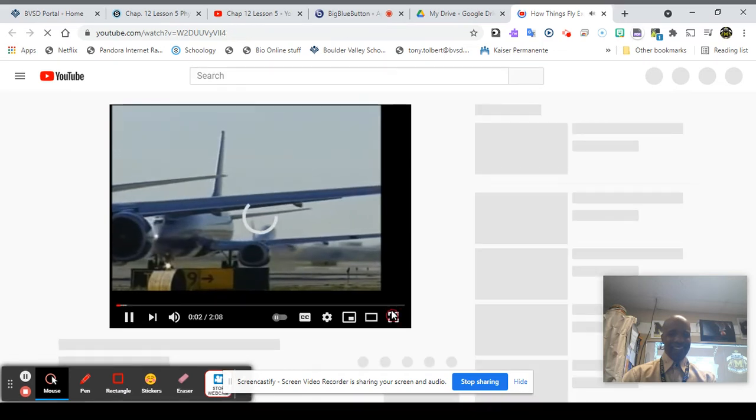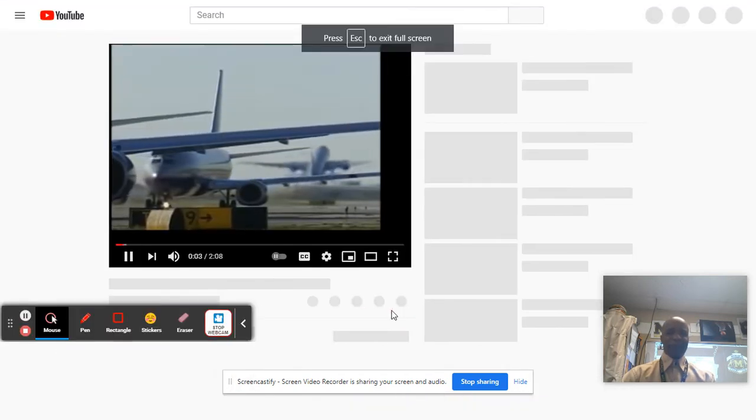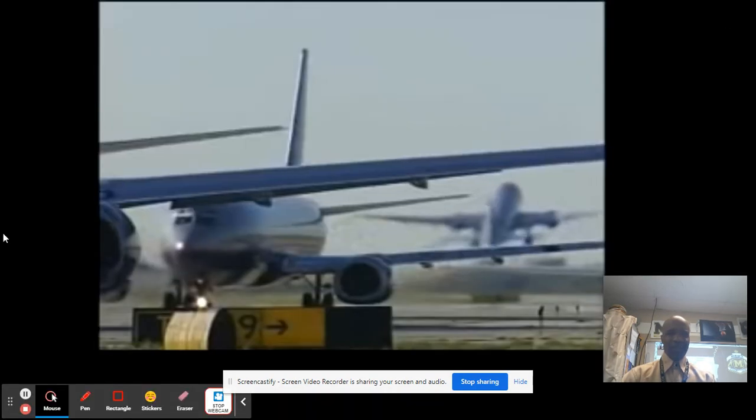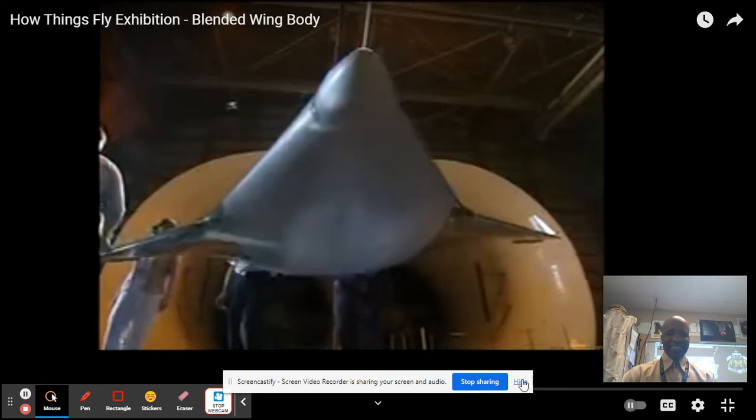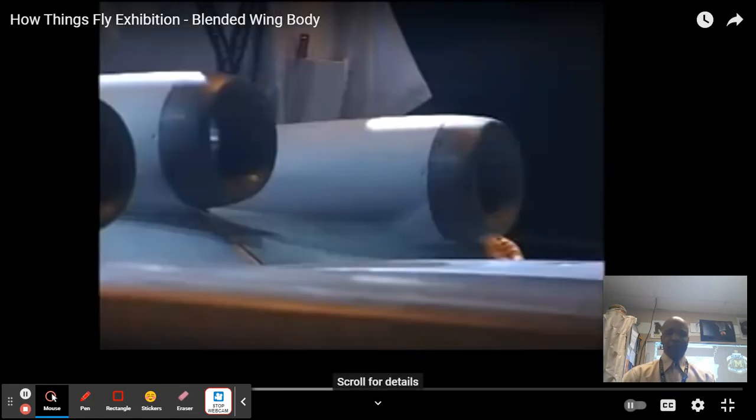Ask anyone what a plane looks like, and most will tell you a tube with wings. NASA researchers are trying to change that. They're testing a design for a flying wing called a blended wing body, or BWB, which would be more fuel efficient and carry more than today's aircraft.